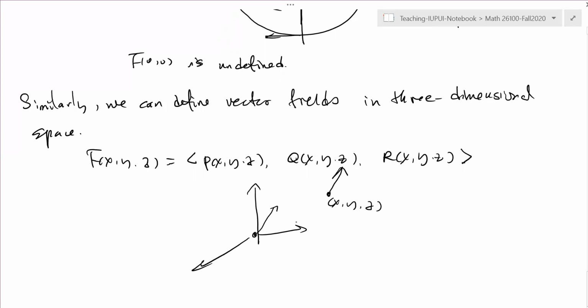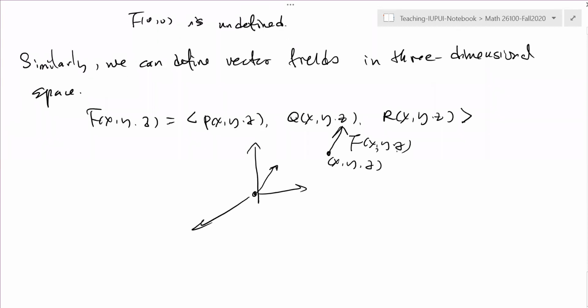So this is the F. If I already said that this is going to be the vector at the point x, y, z given by the three components, then when I draw it, I have to draw it starting from the point with coordinates x, y, z. If I just ask you to draw the vector with three components, then you draw the vector starting from the origin.